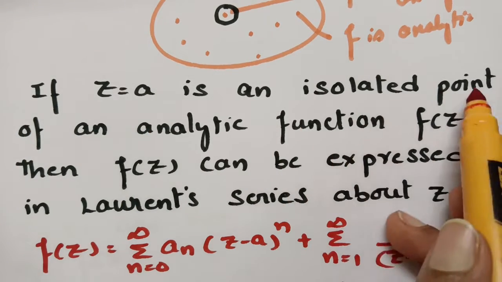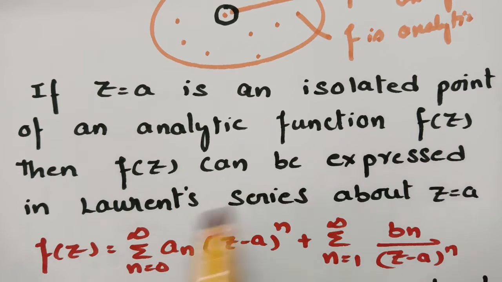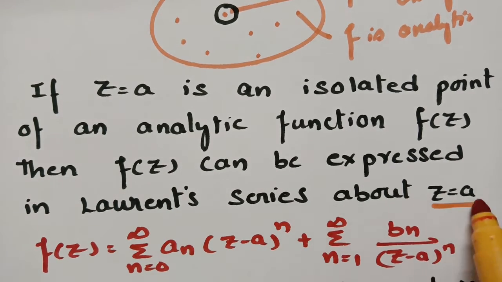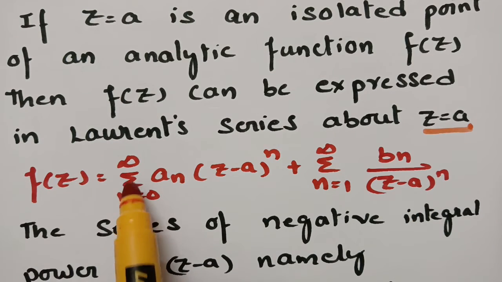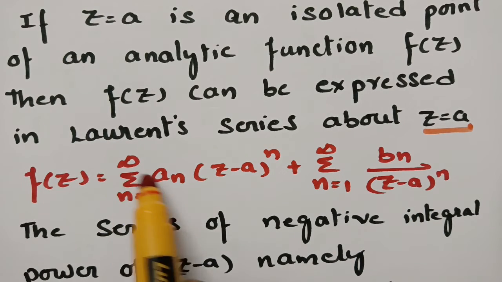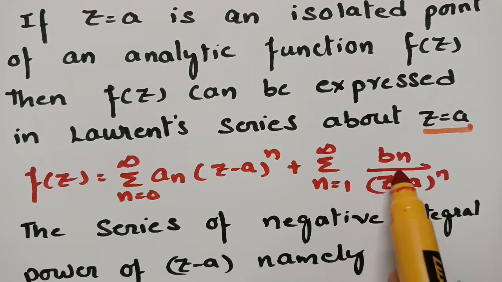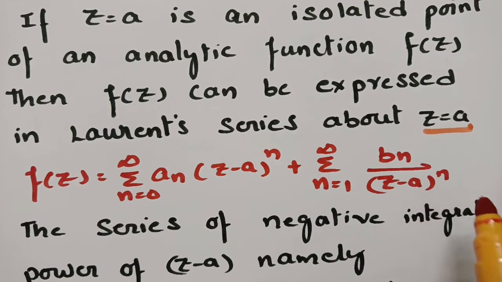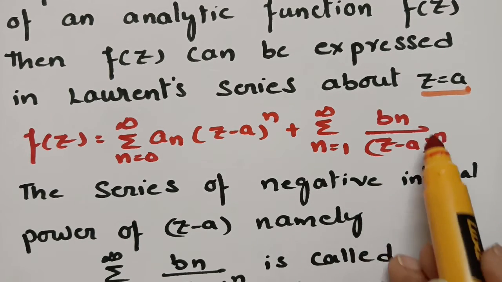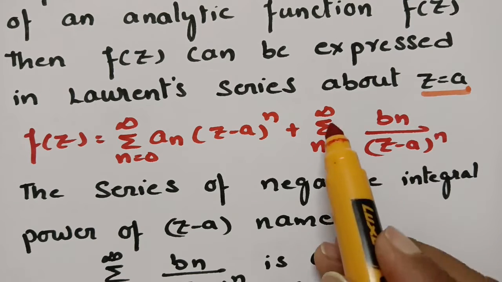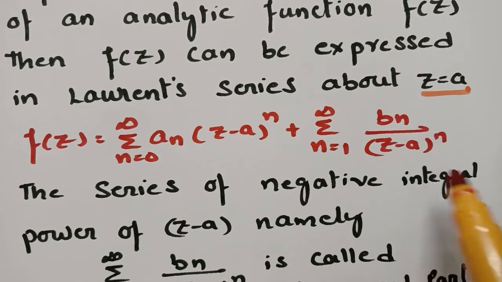If z equal to a is an isolated point of an analytic function f of z, then f of z can be expressed in the Laurent series about z equal to a. This is the expansion of the Laurent series: f of z equals sigma n equals 0 to infinity a_n into (z minus a) power n, plus sigma n equals 1 to infinity b_n by (z minus a) power n. Here the negative integral powers of z minus a, namely sigma n equals 1 to infinity b_n by (z minus a) power n, are called the principal part.